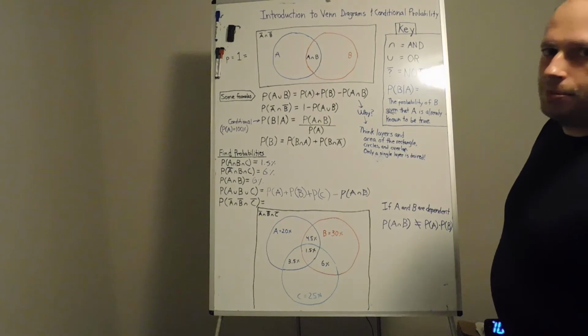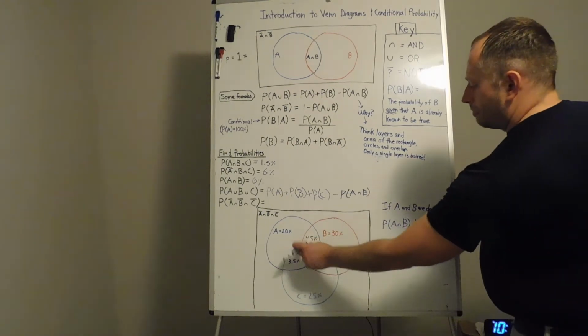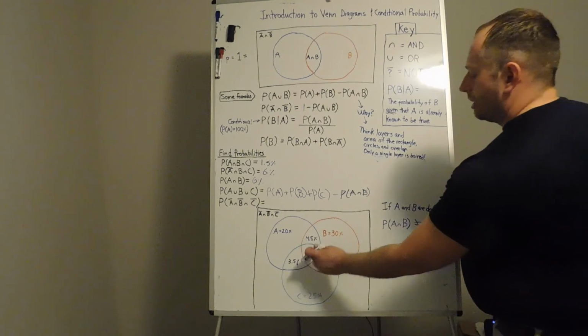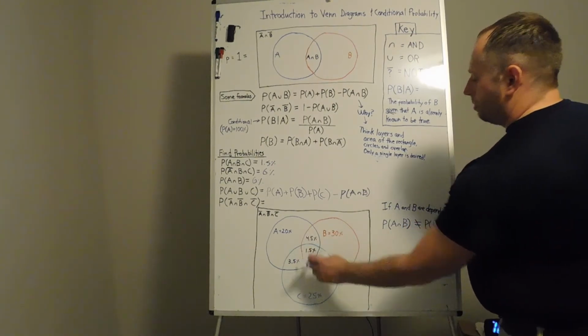So we're going to have to add it back though. We're going to have to add this part back after we subtract these 2 lemons, because we've taken all the areas away for this middle part.